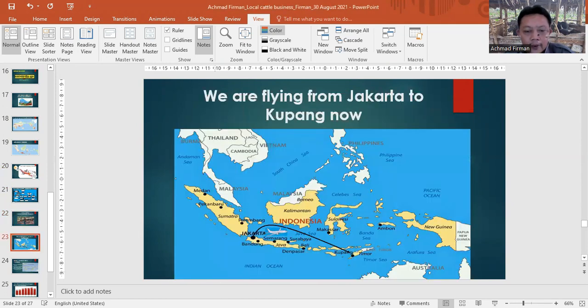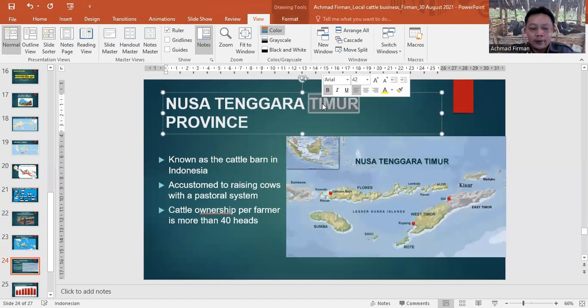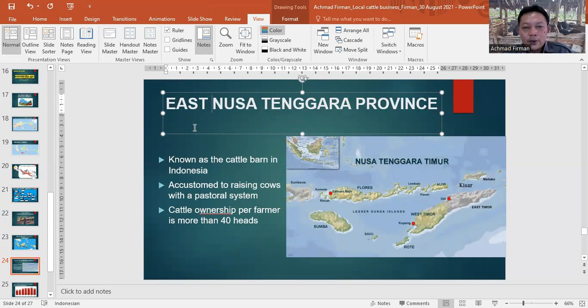We are flying from Jakarta to Kupang. East Nusa Tenggara province, known as the barn of cattle for Indonesia.